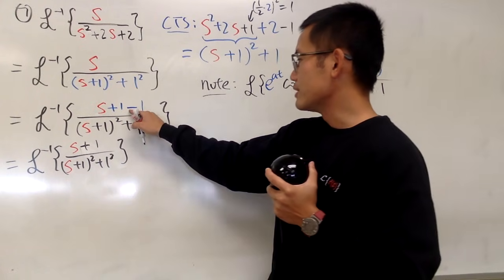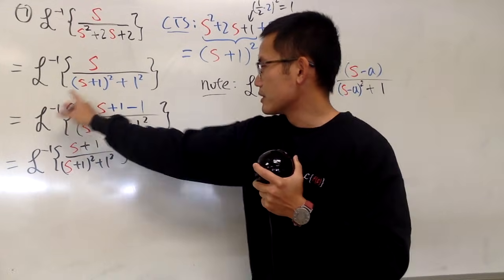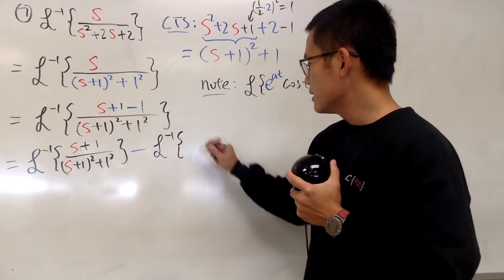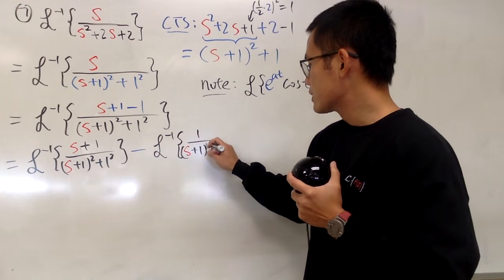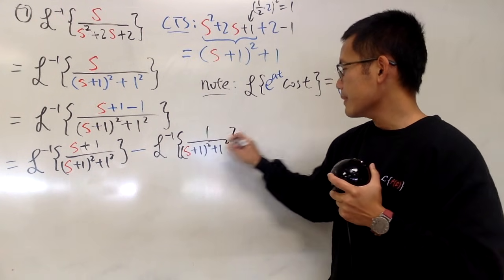And then we can just go ahead and minus, right? This is a minus, and then we have the inverse Laplace of 1 over s plus 1 squared plus 1 squared, like that, right?